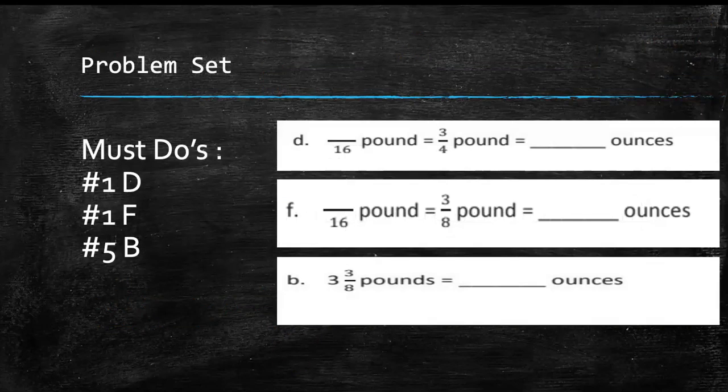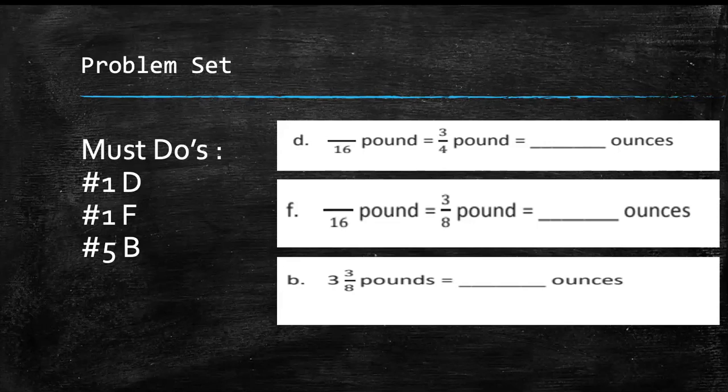Oh my, we have our problem set. Okay, you have 3 problems to do. Opening up to your problem set where it said lesson 13, problem set 4.7. If you don't have your book, again, not an issue. You can pause. You need to write down these 3 problems.